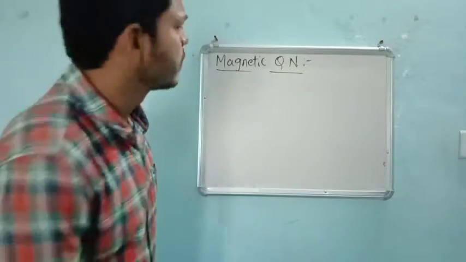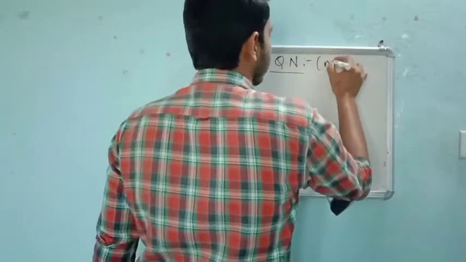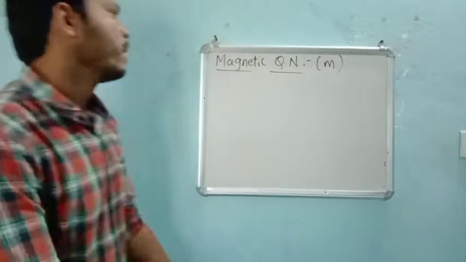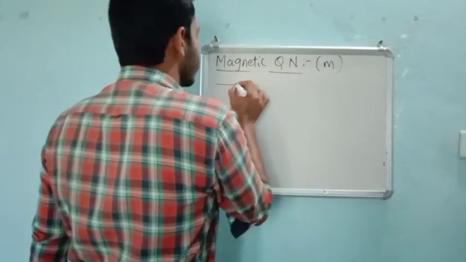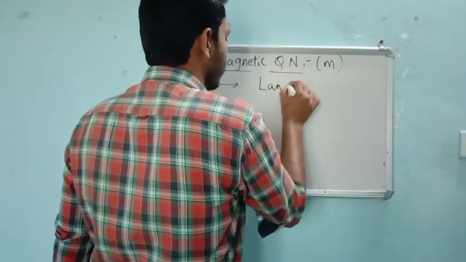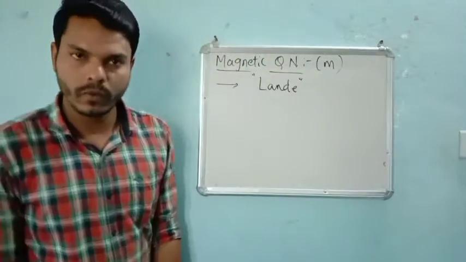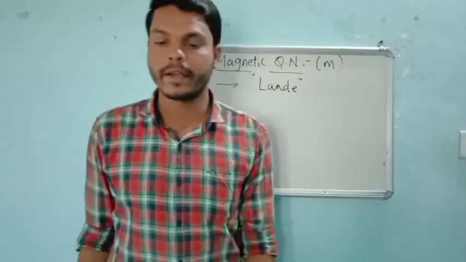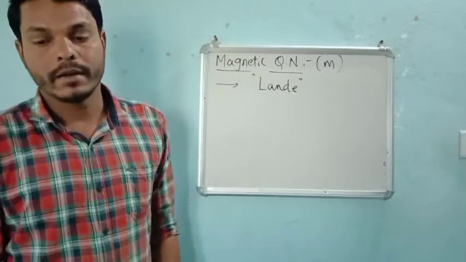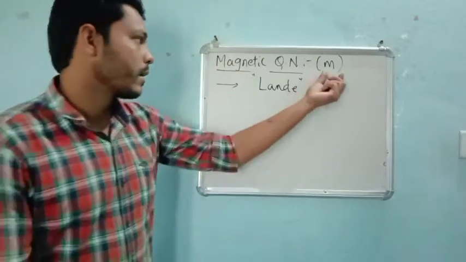It is very simple. It was discovered by a scientist called Landé, who discovered this magnetic quantum number, and it is denoted by the letter m.